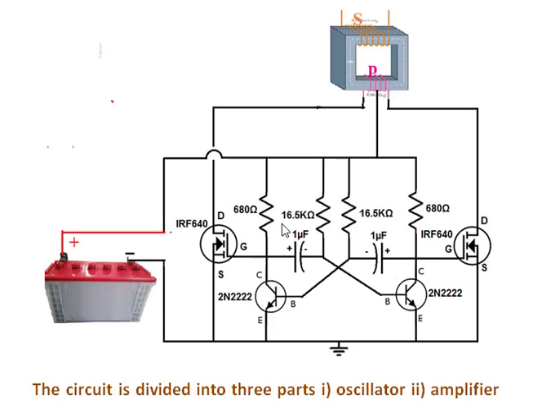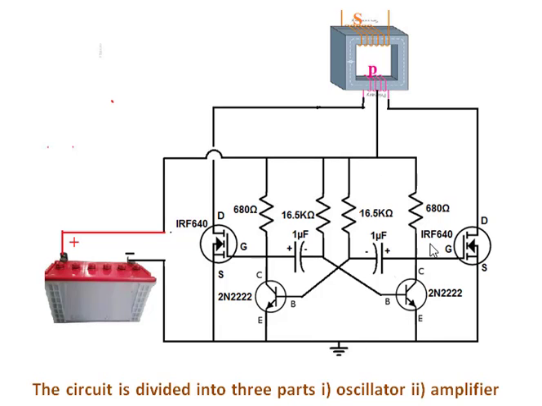It is a simple circuit of the inverter. This is the battery, where DC voltage is already stored. This is the step-up transformer, with the primary and the secondary. The number of turns in the secondary is more when compared to the number of turns in the primary.